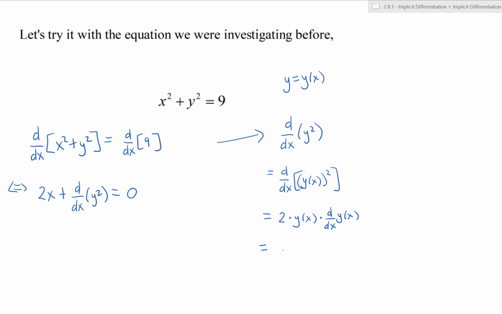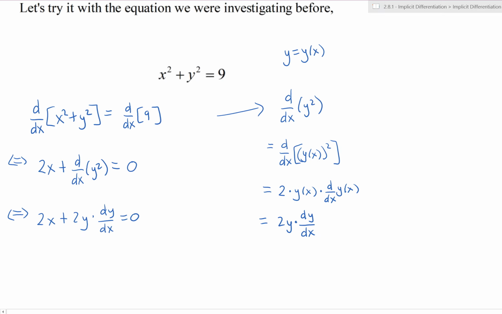Or if we prefer, we can just write it as 2y times dy dx. So that's what I was talking about earlier, is that anytime we're differentiating something with the output variable, we have to apply the chain rule for that reason. And thus my equation on the left here becomes 2x plus 2y times dy dx is all equal to 0.